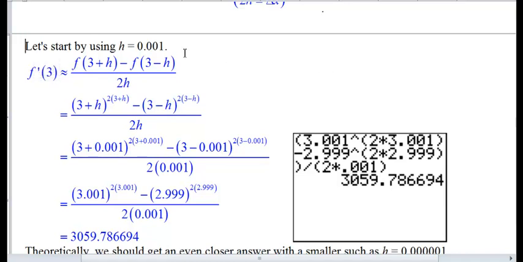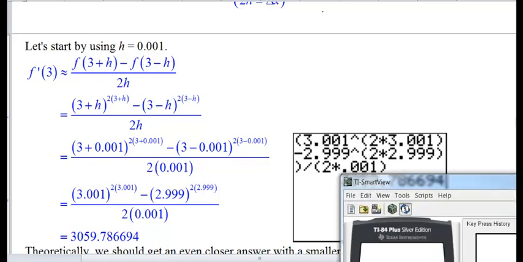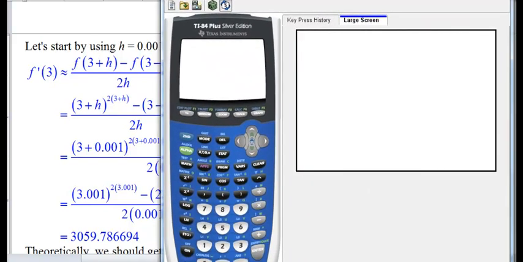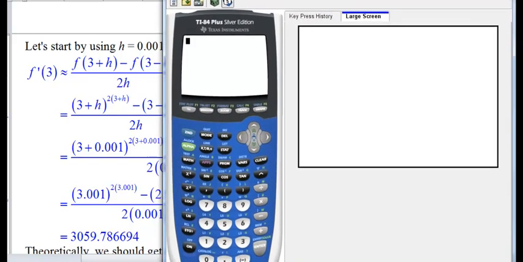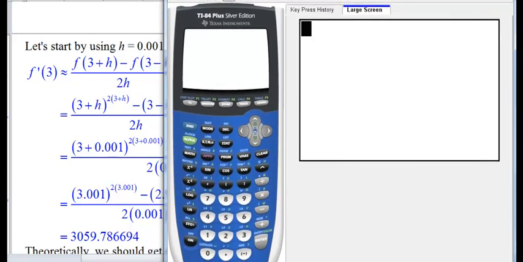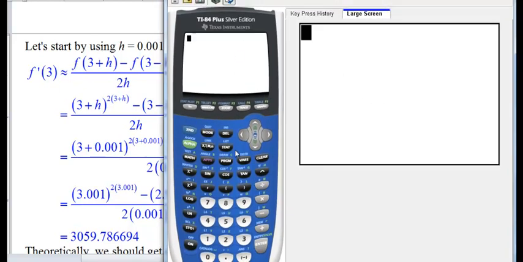Okay. Now, let's talk about a couple things we can do to shortcut this process. Let's start by using a TI84 here. Okay, so I have a TI84 emulator.